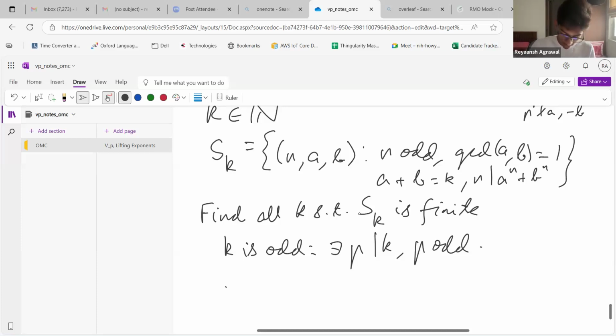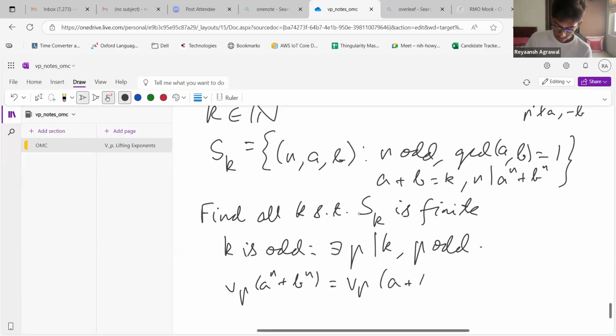Because n is odd, we can apply LTE, and p does not divide a plus b, and the GCD is 1, so p cannot divide both of them. So Vp of a to the power n plus b to the power n is equal to Vp of a plus b plus Vp of n. But this is obviously greater than or equal to Vp of n, right?